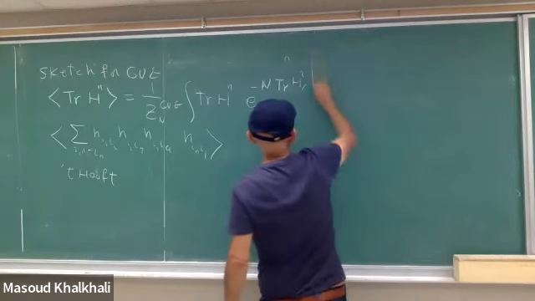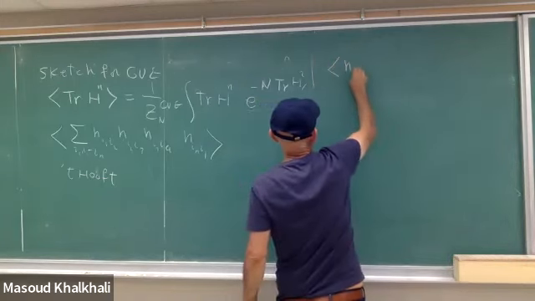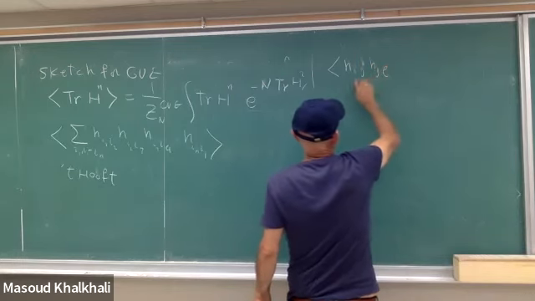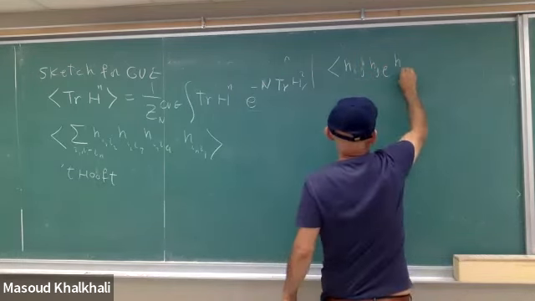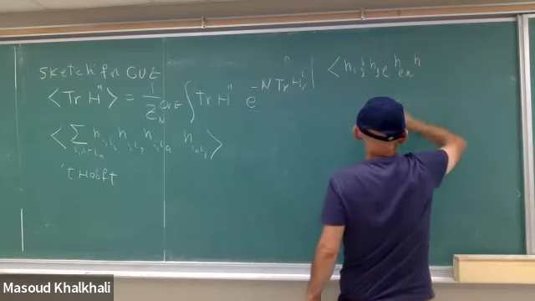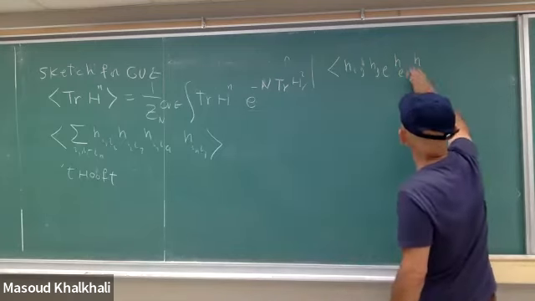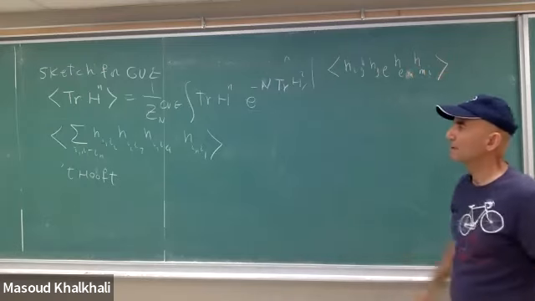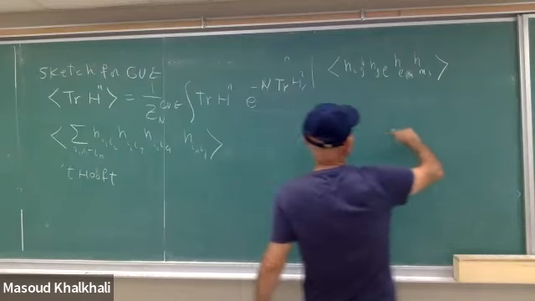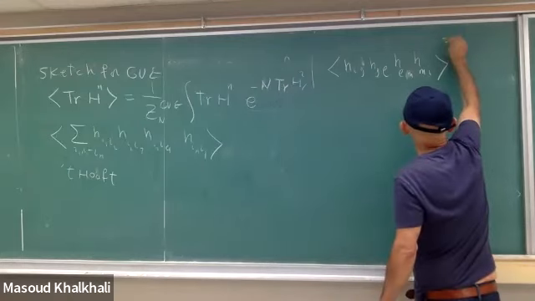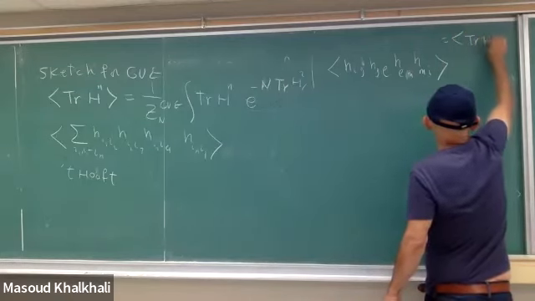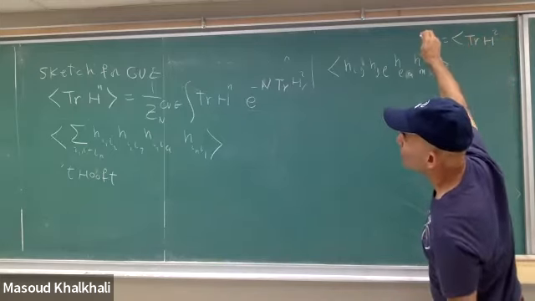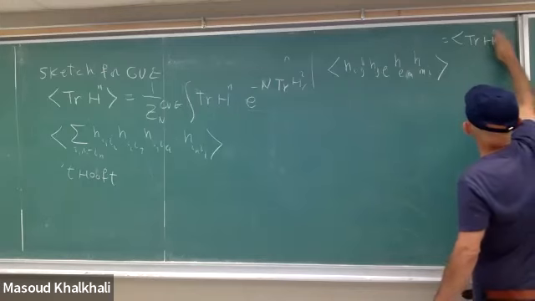What is, for example, h_{ij} h_{jl} h_{lm} h_{mi}? The next case, so this would be the expectation value of trace of H^4, sorry, trace of H^4.